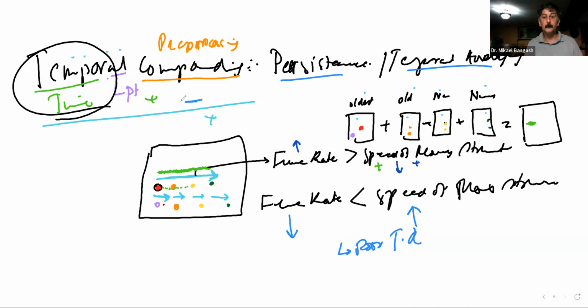Did that make sense? You can always go back to chapter 13, not chapter 11, sorry, and see what causes the frame rate to be reduced. Roughly speaking, anything that increases the frame time will cause the frame rate to reduce.